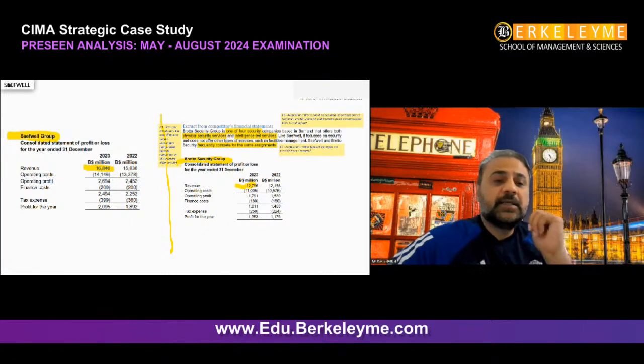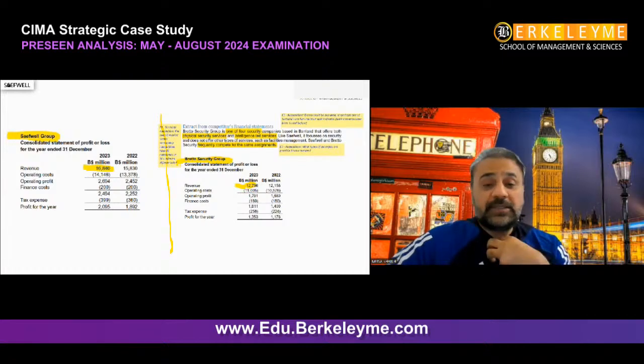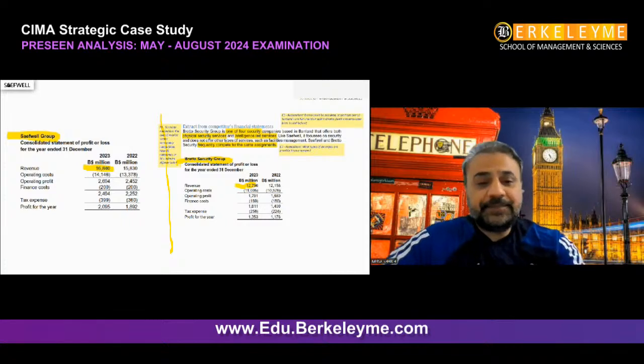Because we are a senior manager of Safewell, we need to think from a company point of view, and they are our competitors, and we can see that we are bigger than our competitors. Then, of course, we have an operating profit.